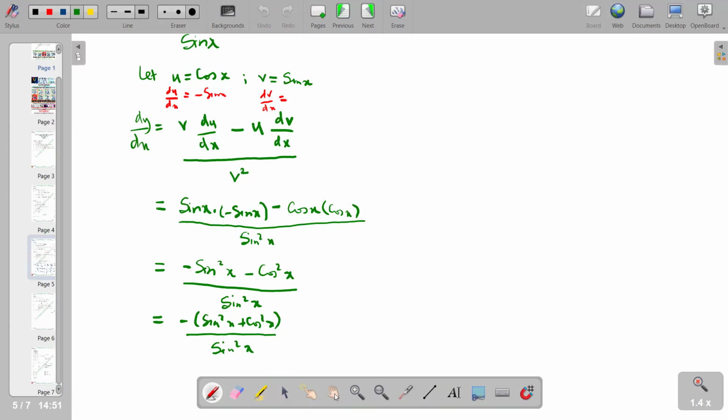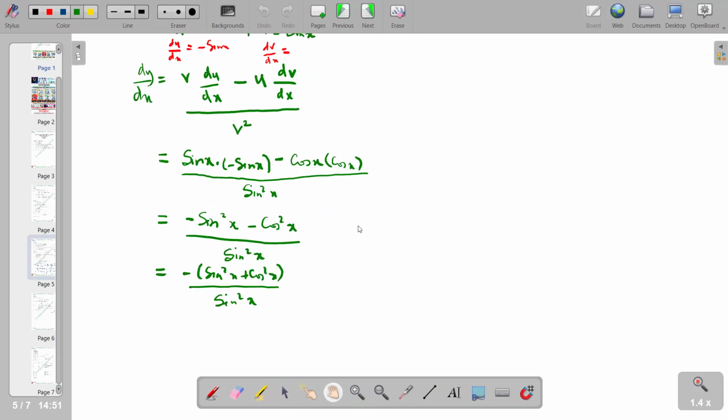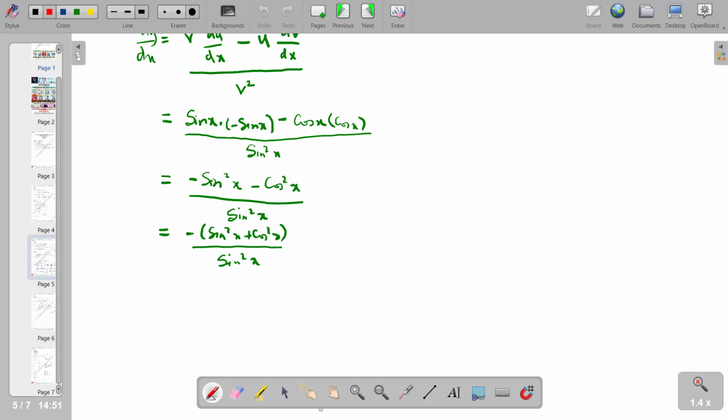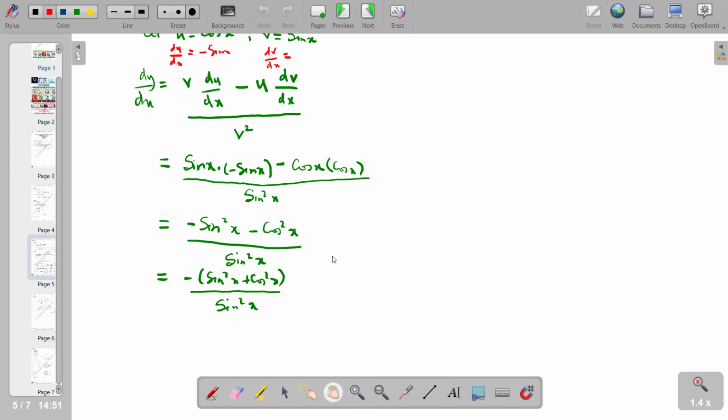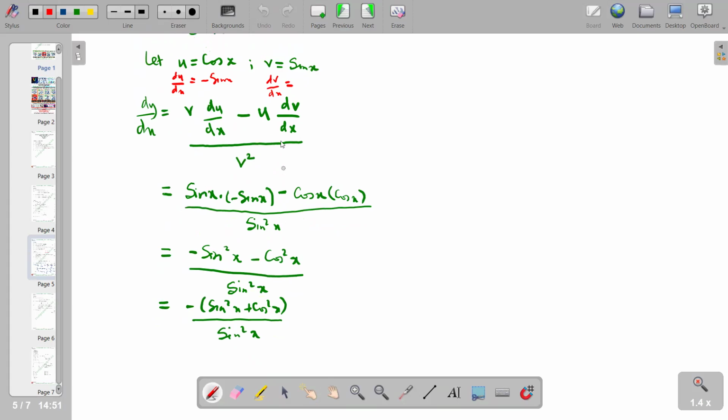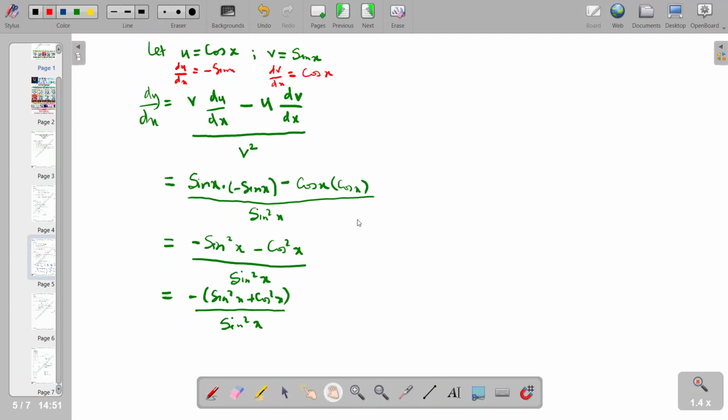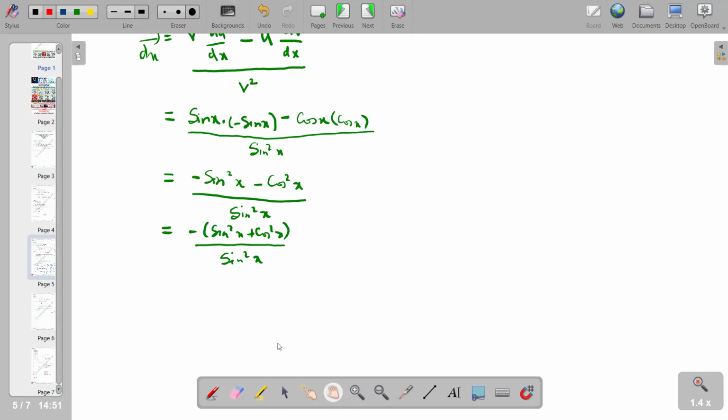So here we end up having, this will be equal to a negative 1 over sine squared x.